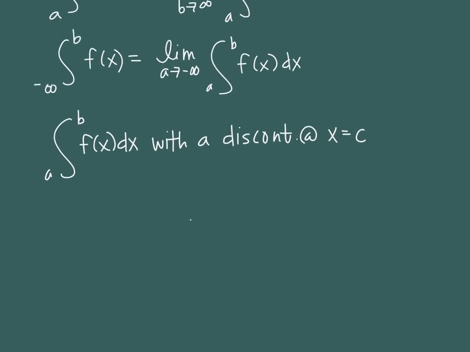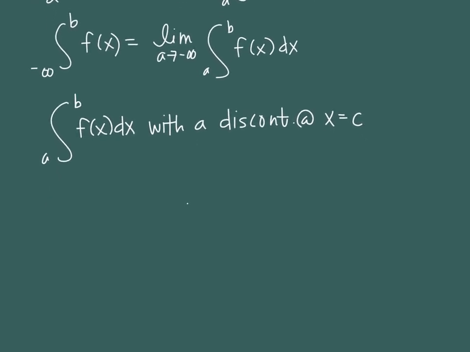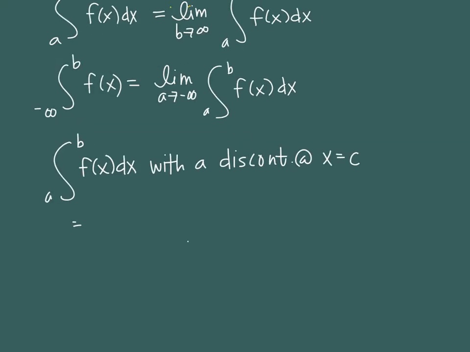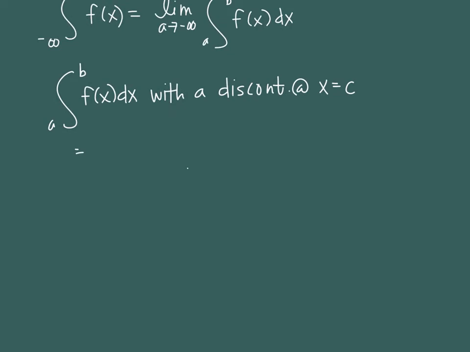So say there's a problem in the middle of your interval. Then you're going to have to split this up. So you would go from A to C, and then let's go from C to B.